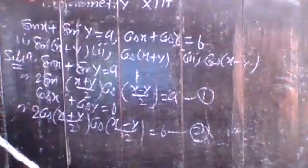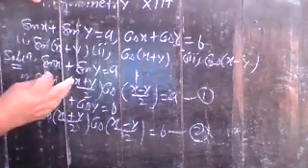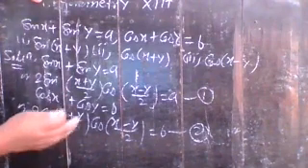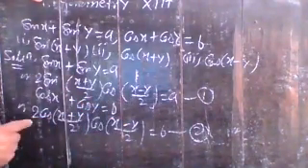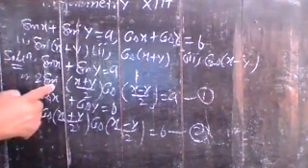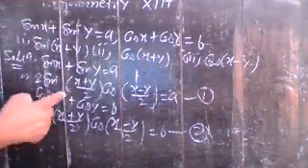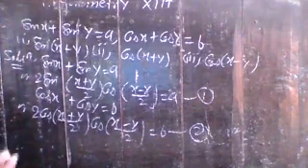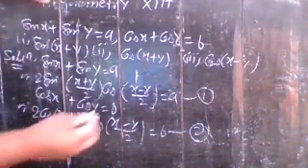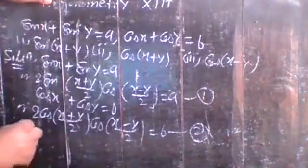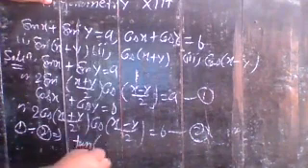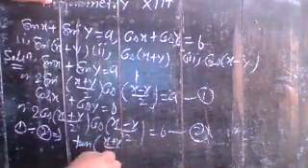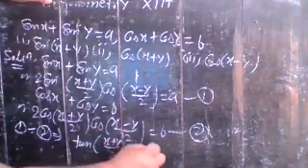Now dividing 1 by 2, you see that the cos terms cancel out, and the 2 cancels out, and you have sine by cos, which is tan of x plus y by 2. So in this way, you have the value of tan x plus y by 2, which is equal to a upon b.